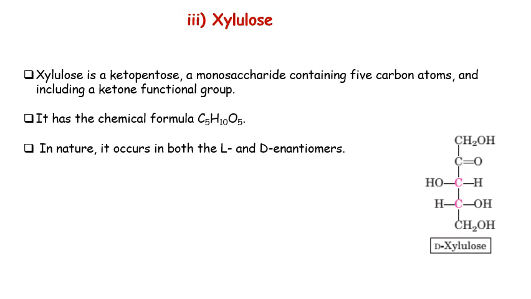In nature, it occurs in both the L and D enantiomers, and it has an essential role in some pathogenic bacteria as well. So this xylulose is also a simple carbohydrate that has a ketone group instead of an aldehyde.